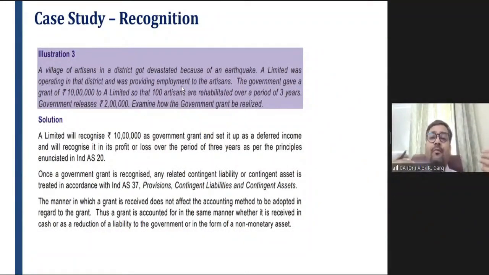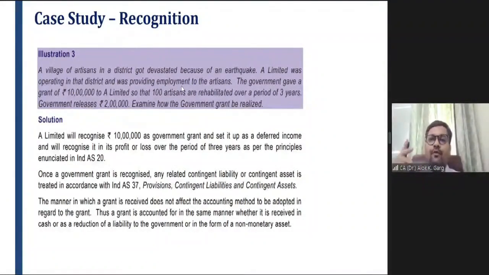The government gave a grant of rupees 10 lakh to A Limited so that 100 people can be rehabilitated over a period of 3 years, and out of 10 lakh rupees, the government has only released 2 lakh rupees. So tell me whether this government grant can be recognized, and how it will be recognized.